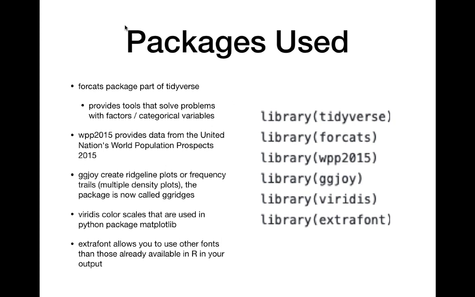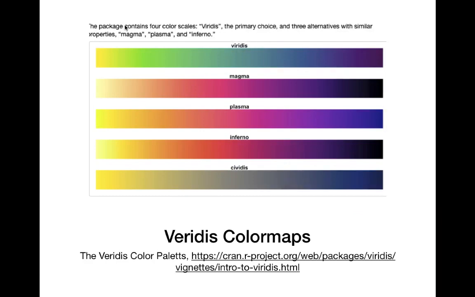And he also called extrafont, which allows you to use fonts other than those already available in R in your output. So here's just an example of the different viridis color palettes. They look much more magnificent on the screen here than what is showing up there.